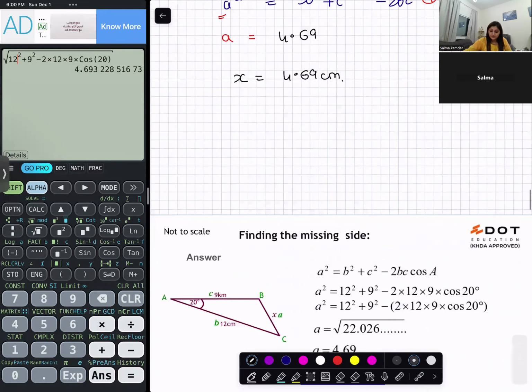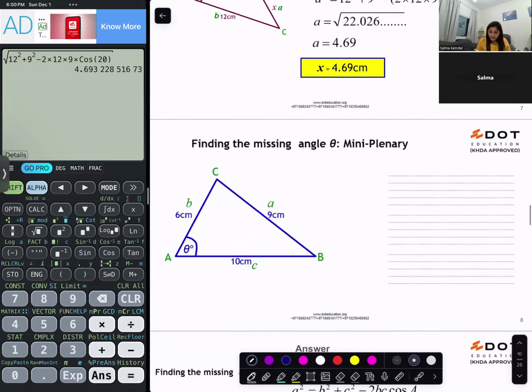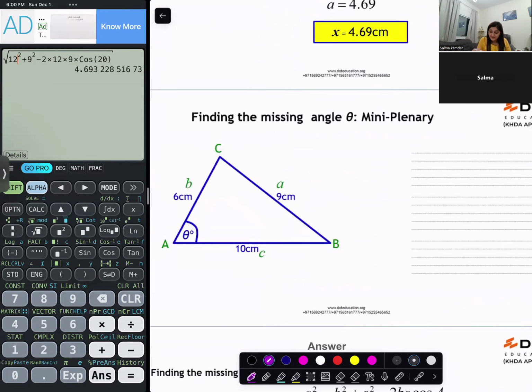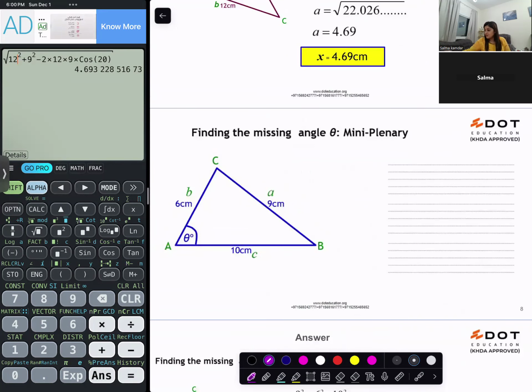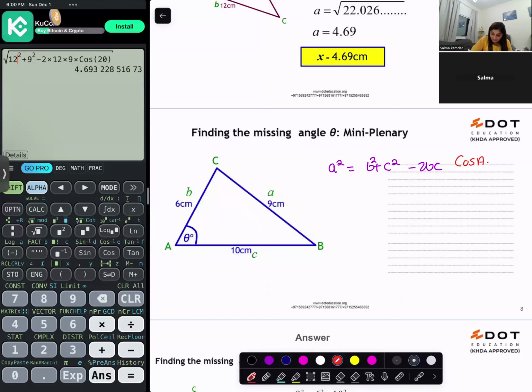Now one for you to try, you can pause the video. Try it yourself and then go and look at the answer. I hope you've already tried it. Now what do we do? A square is equal to B square plus C square minus 2BC cos A. What do I have to find?